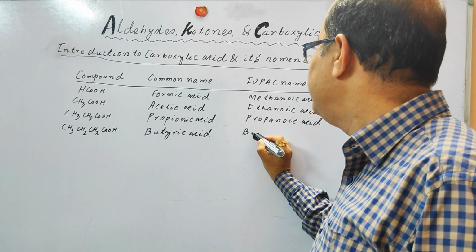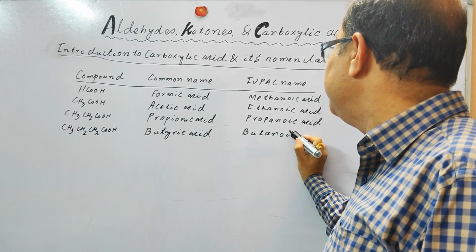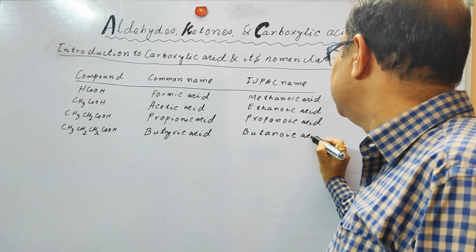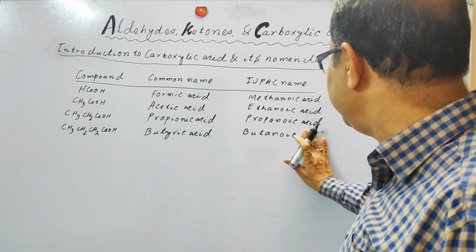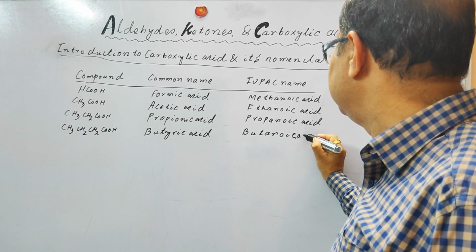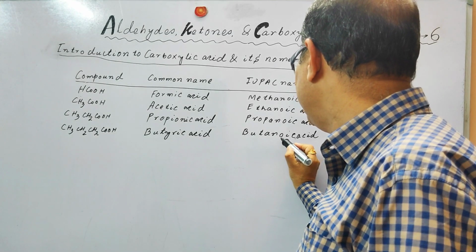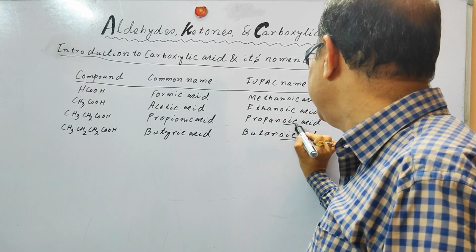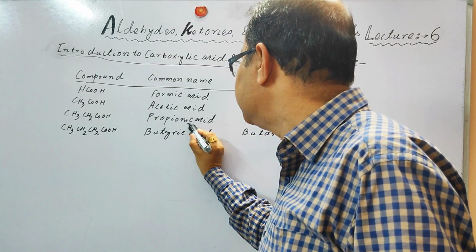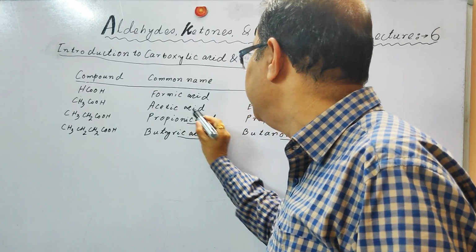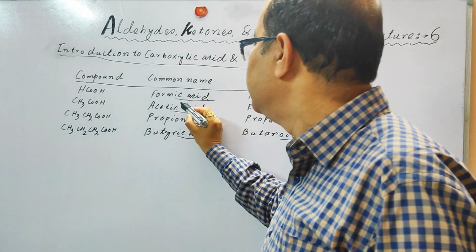Its IUPAC name will be based on butane, the alkane name, so the name will be butanoic acid. All of this will be one word. In the IUPAC name we put "oic acid", while in the common name there is "ic acid".